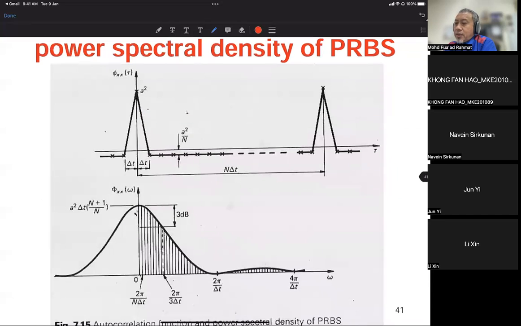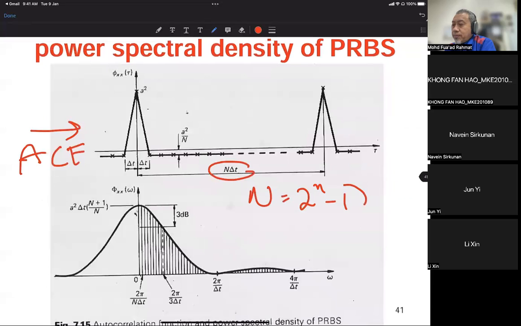Okay, so you can see that this is the autocorrelation of the PRBS signals. So it will repeat after N delta t. So what is N? N is 2 power of n minus 1, which is the maximum length sequence. Okay, so this is the a square, which is at 0.